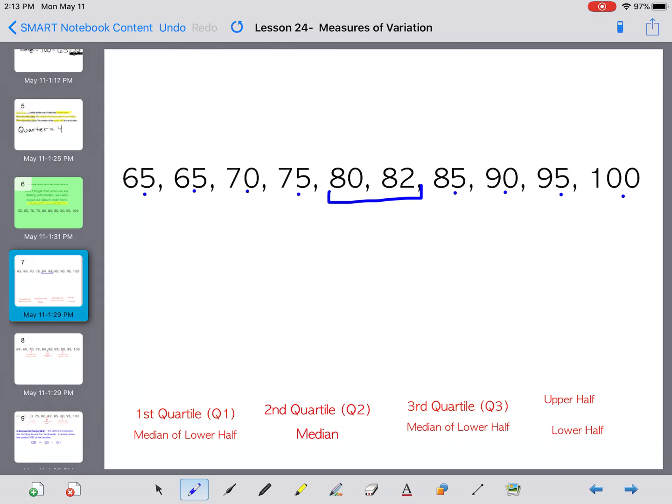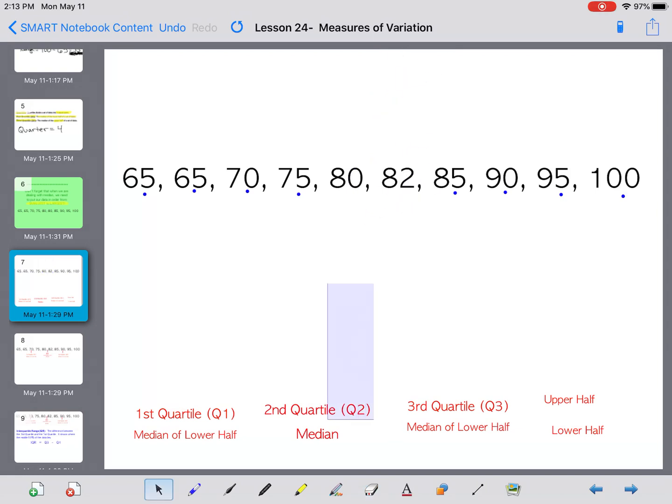If you didn't catch that, you could take the mean of those numbers: take 80 plus 82 and divide it by 2. 80 plus 82 is 162, and 162 divided by 2 is 81. So again, that's kind of up to you if you recognize it or not.